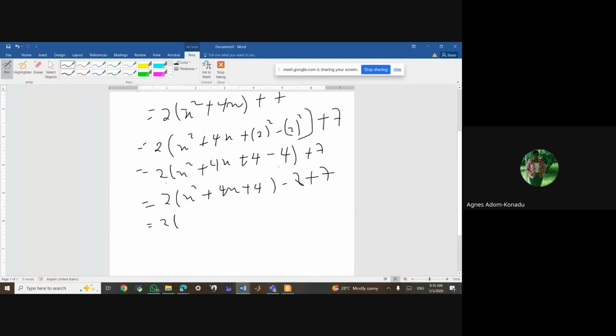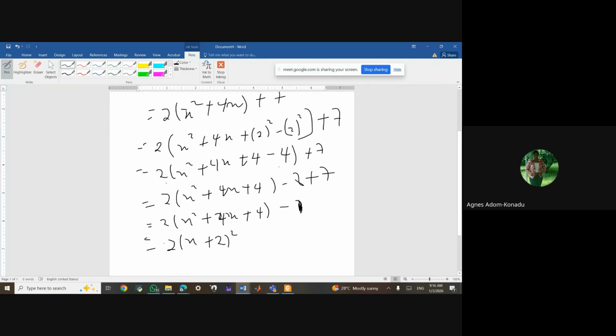So this is 2 into x squared plus 4x plus 4, minus 1. And then I can write this as a plus b all squared. So this is 2 into x plus 2 squared.